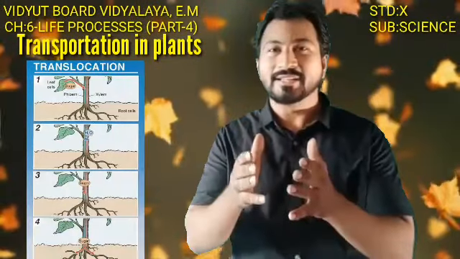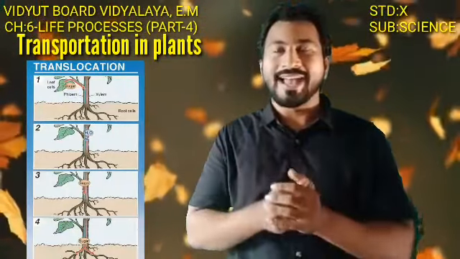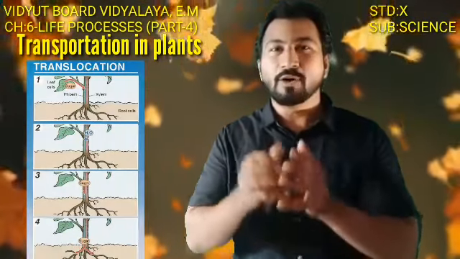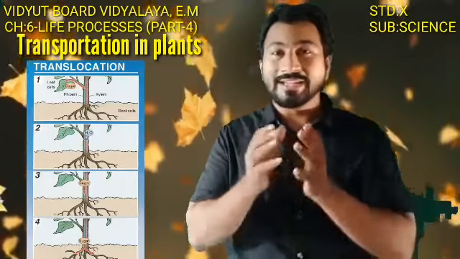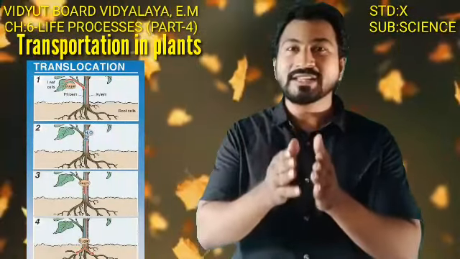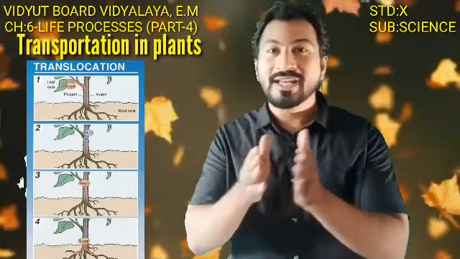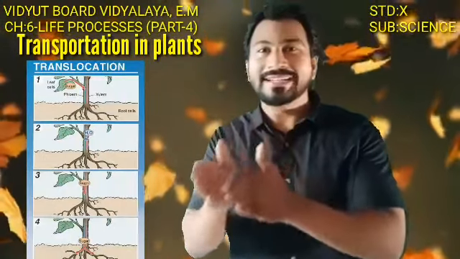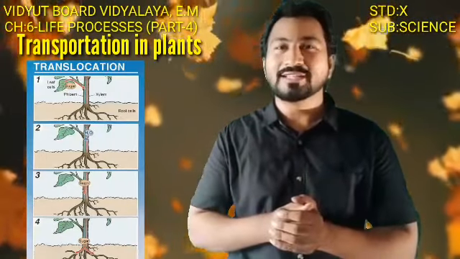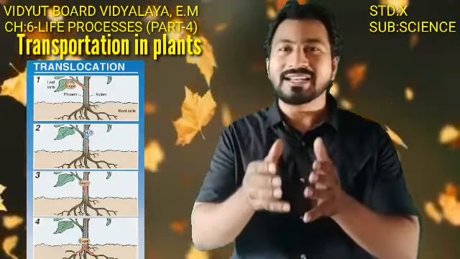But here energy is required, and the process by which it is transported is osmosis. And here it flows in two directions. So instead of using the word unidirectional, we use the word bidirectional. And here the use of energy, that is the ATP, is mainly taking place.